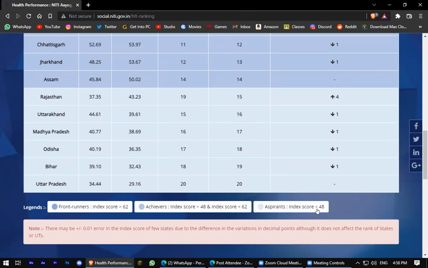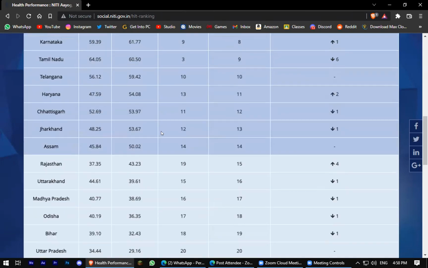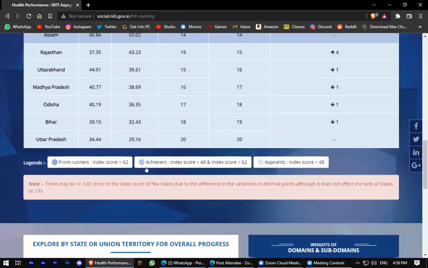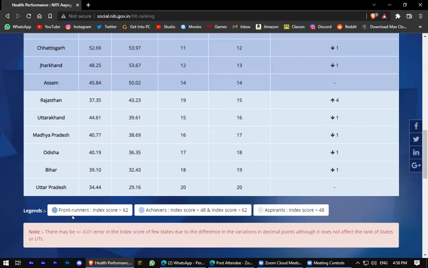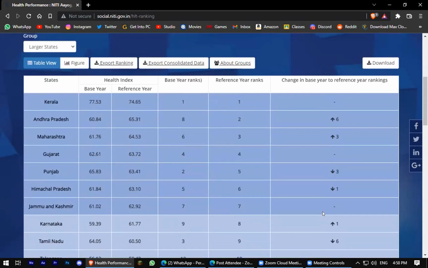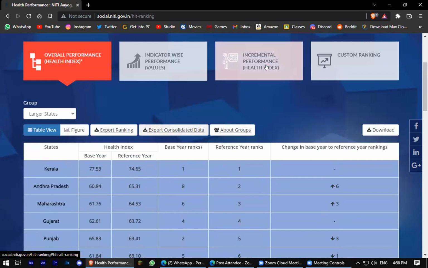Aspirants have an index less than 48. So we are giving a status to each state, depending on which category it comes under. Front runner, having an index of more than 62. Achievers between 48 and 62, and aspirants are those who are less than 48. Okay.